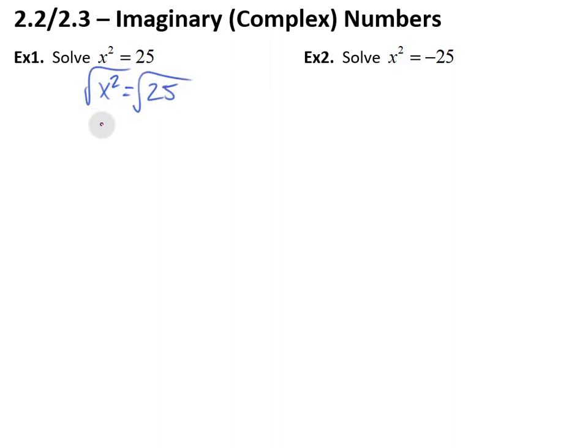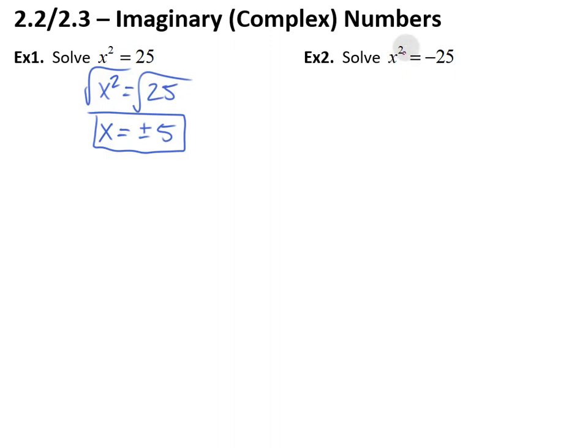To get rid of the square off of x. But there are two solutions, positive 5 and negative 5. Both times themselves twice would get me to 25. So both positive 5 and negative 5, right? 5 times 5 or negative 5 times negative 5. It has two solutions.